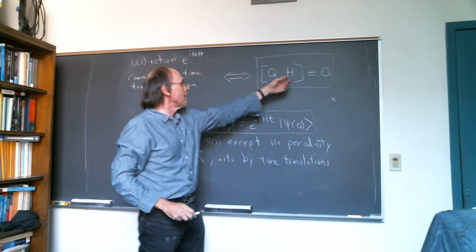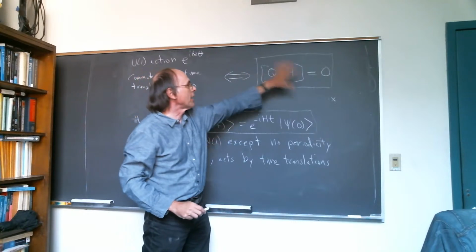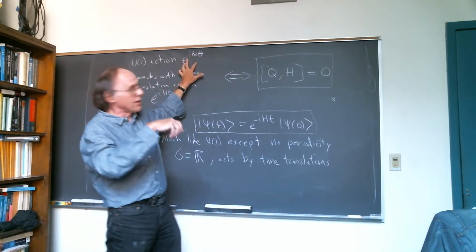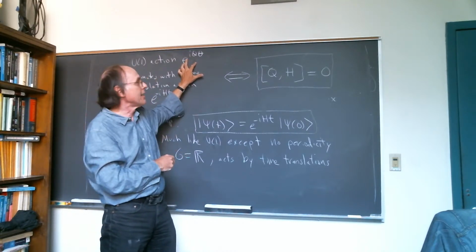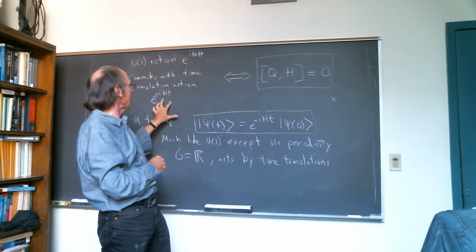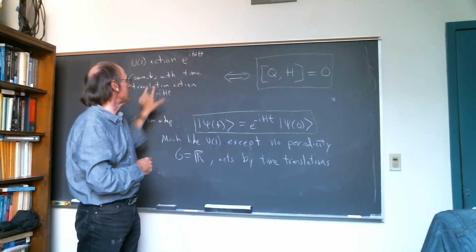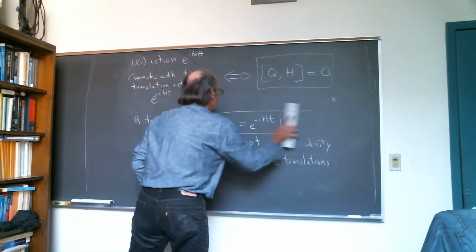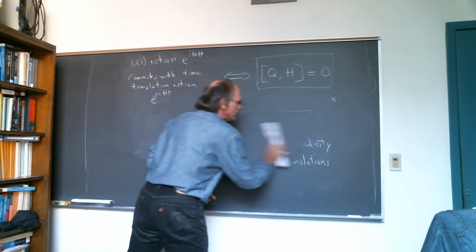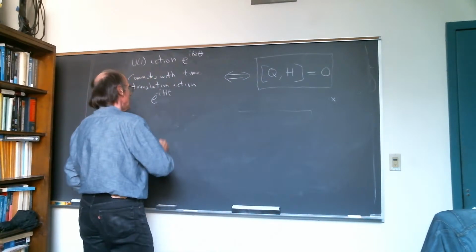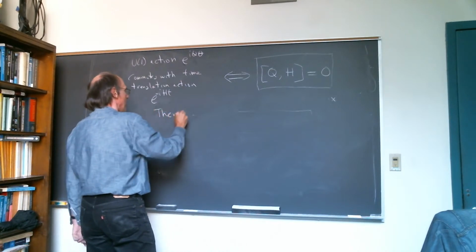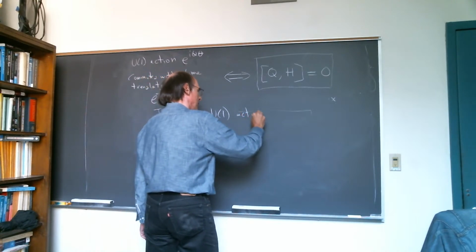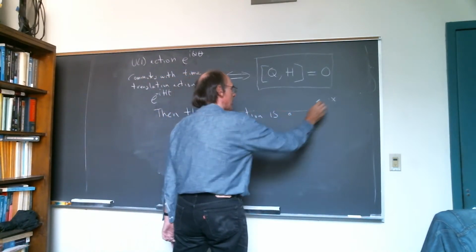Okay, you have an H operator and a Q operator, and when they commute, that corresponds to the action you get by acting by U(1) and the action you get by time translation commuting. So this is really what I want to say: this is really when you have a, so then the U(1) action is a symmetry.